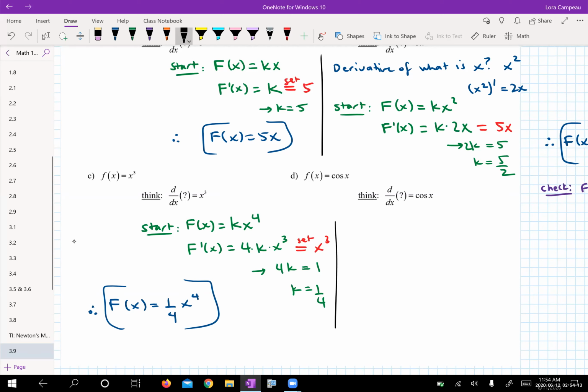We want to also pull in some trig functions for you. If I'm going to look at f of x equals cosine x and I want to find the antiderivative, I have to think about the derivative of what is cosine x. Sometimes it helps me to write it out in English just in case.